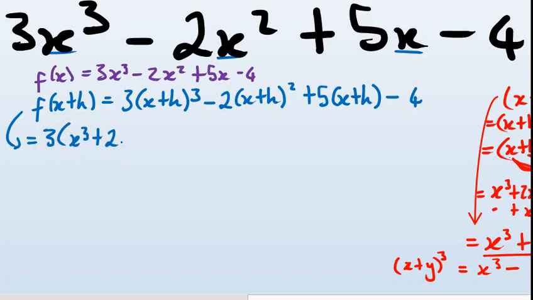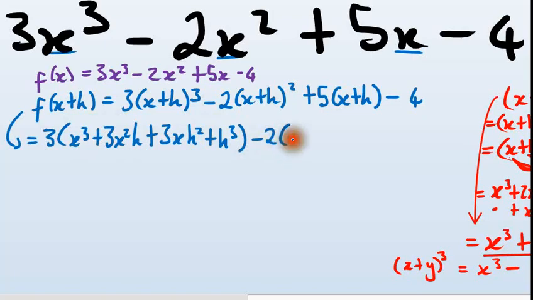3x squared h, sorry, not 2, plus 3x squared h plus a 3 again of xh squared plus an h cubed minus a 2 of x squared plus 2xh plus h squared plus a 5h minus a 4.